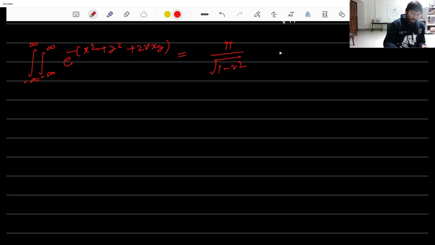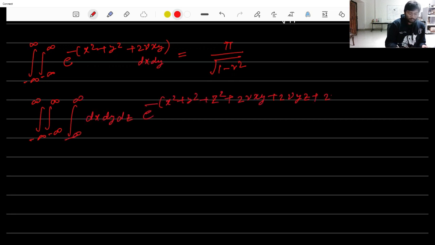So this was a two-dimensional Gaussian integration. We also saw a three-dimensional Gaussian integration, dx dy dz. What is the value of this? We get pi to the power 3 by 2 divided by (1 minus nu) times the square root of (1 plus 2 nu).